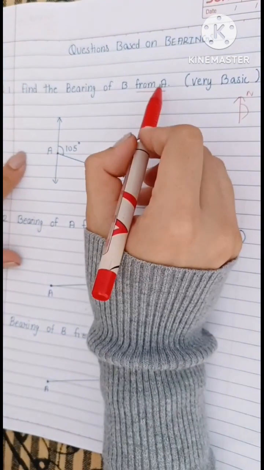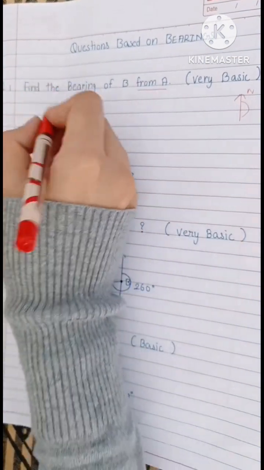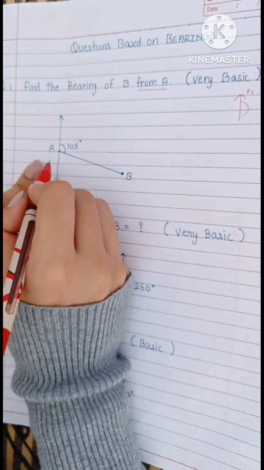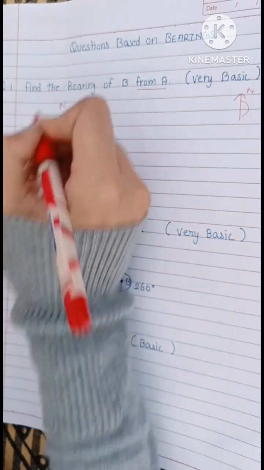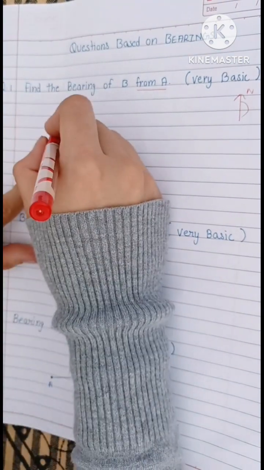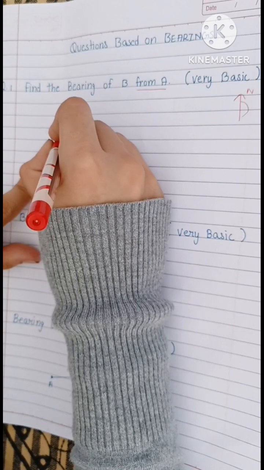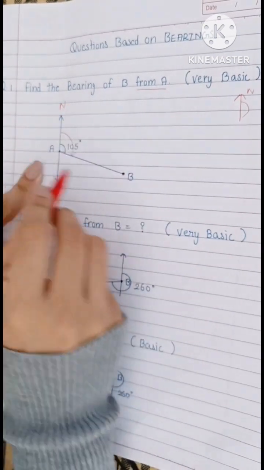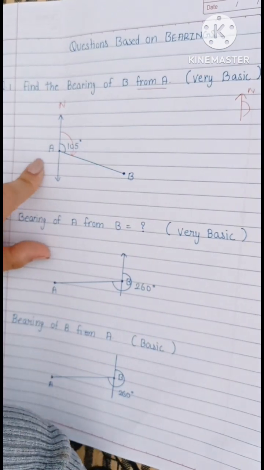So we have to start from A and look at the north. That is why I have drawn a north-south line on point A. So that's my north. I have to move clockwise. So I am starting from north and I have to move clockwise, and that's the line where A joins B.